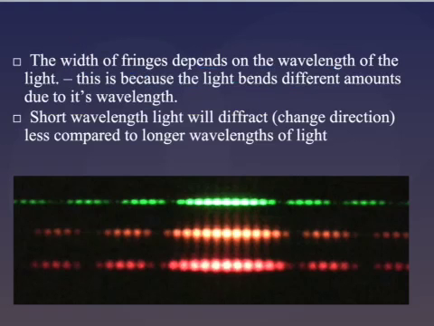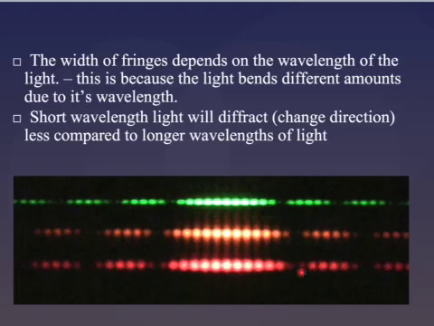So going back to these pictures of the different colors of light interference, why exactly they're different has to do with the diffraction. The width of fringes depends on the wavelength of the light. This is because light bends different amounts due to its wavelength. So short wavelength light will diffract, or change direction, less compared to longer wavelengths of light.